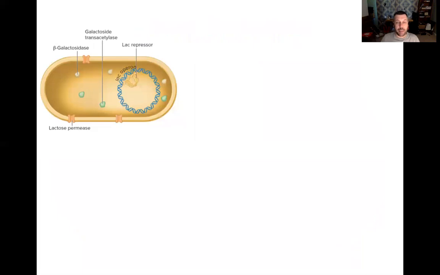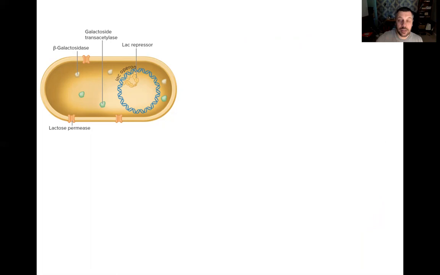So let's look at what happens when you drink a glass of milk to the bacteria in your gut. Here's a cell that's sitting there in your gut with no milk or no lactose in its environment.